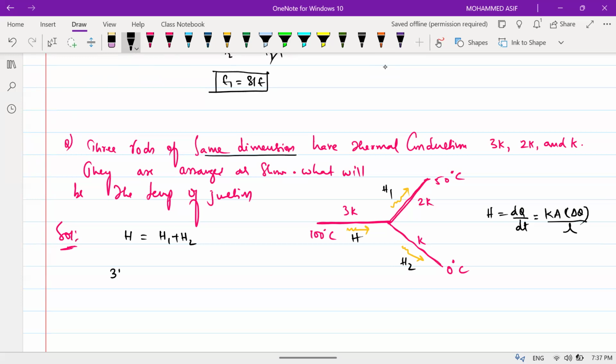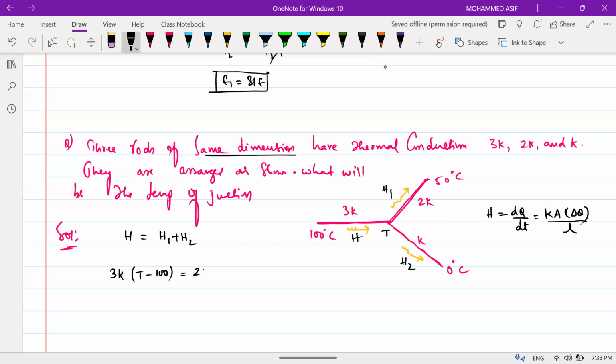First one is 3K into temperature difference. Temperature difference is final temperature minus initial temperature, going from higher temperature to lower temperature. So it will be T minus 100, into area of cross section, length will be same.